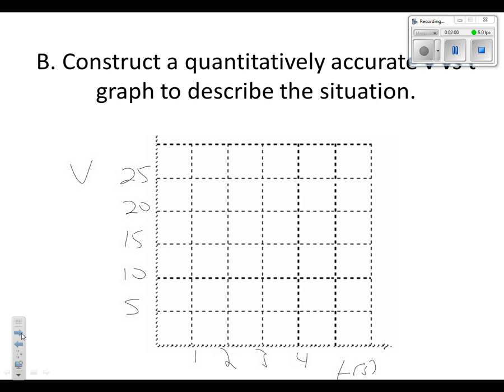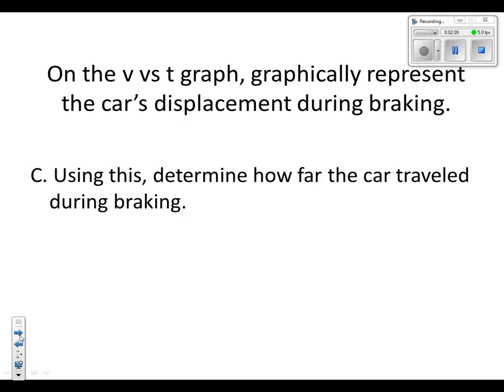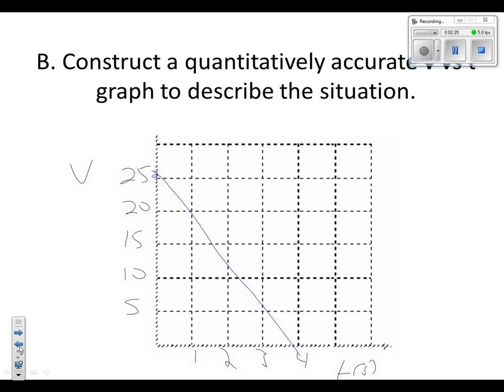We'll go approximately like that. On the v versus t graph, graphically represent the car's displacement during braking, and use it to determine how far it traveled. On this graph, here's how far it traveled, so we just have to find that area.